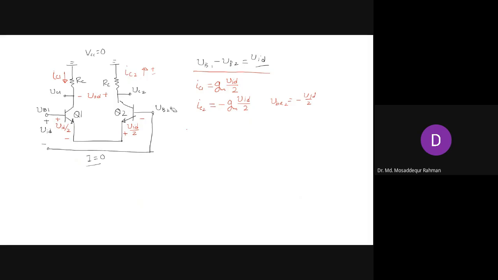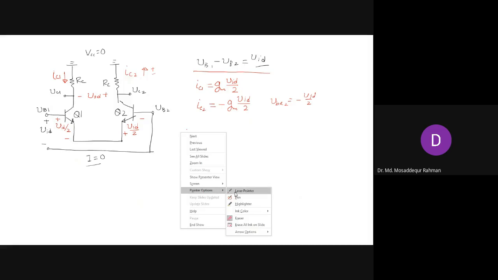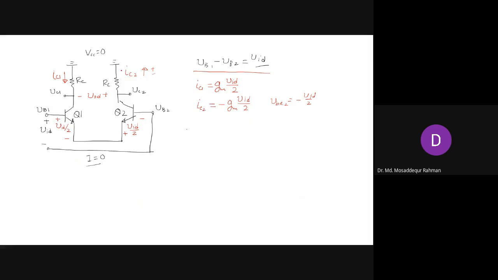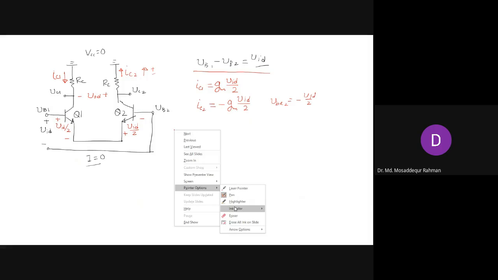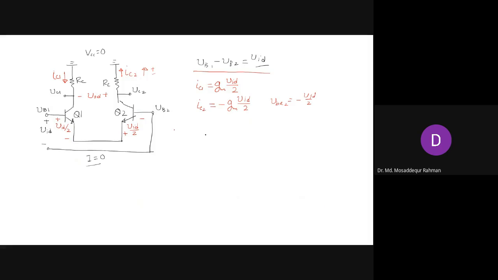So let's remove this one, and draw it upward. It's actually flowing in the opposite direction because the voltage here is negative. Once you know the currents, you can also determine the voltages. What will be VC1 now?